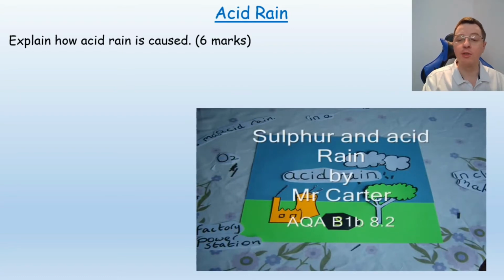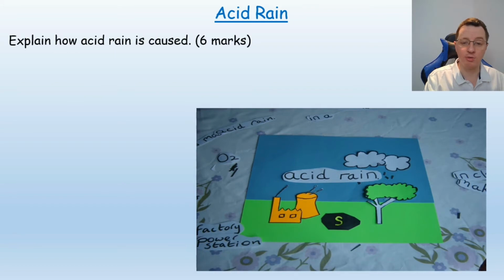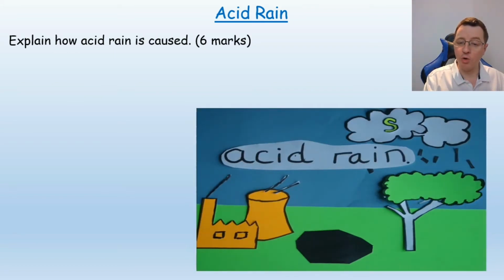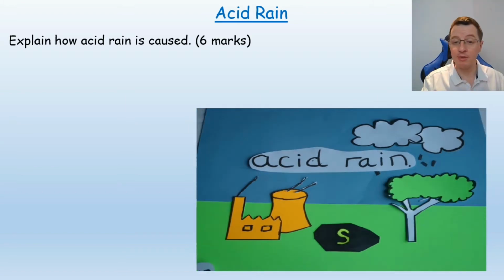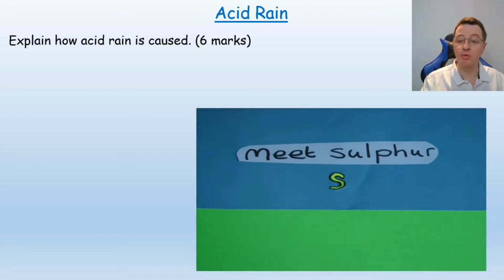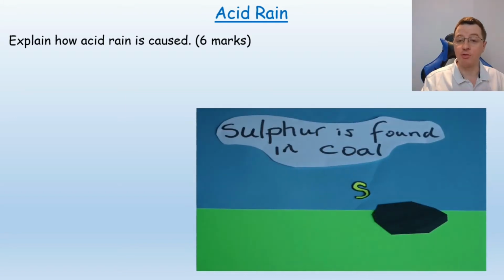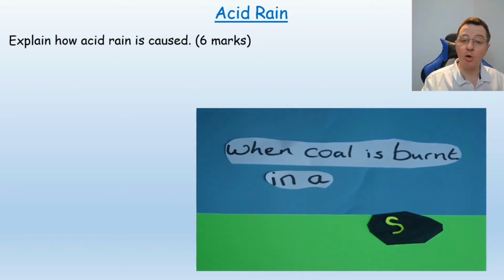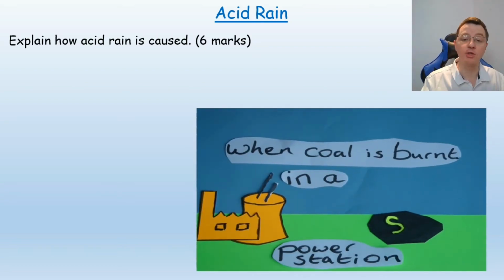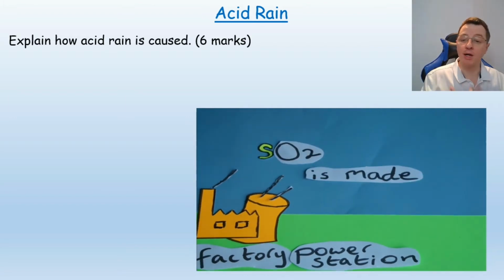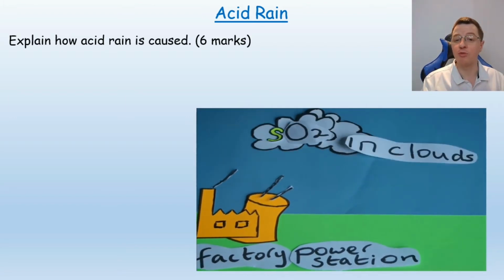So here's a little video that I made a while ago to help explain how acid rain is caused. We begin with a lump of coal, which is mainly carbon based, but as you can see within that lump of coal there is actually a sulfur atom. In fact, sulfur is an impurity that's found in coal, and when coal's burnt in a power station or in factories, then that sulfur impurity combines with oxygen to make sulfur dioxide.